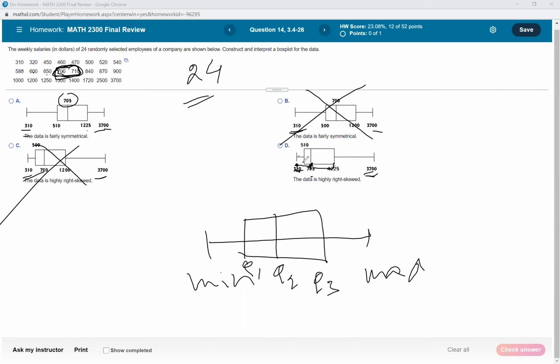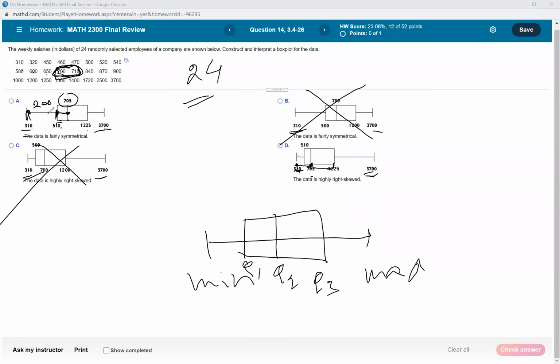So how about this one? Okay, so this is 310 and this is 510. So the difference is 200, and this difference is 510 and 7, less than 200. So here to here, this is 200, and here to here, this is almost 200.